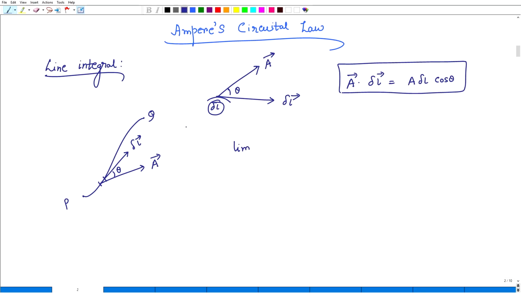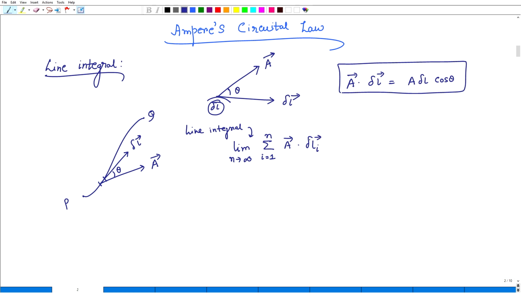What will be the line integral? The line integral will be limit n tends to infinity, sum over i equal to 1 to n, where I will discuss what I mean by this L i.